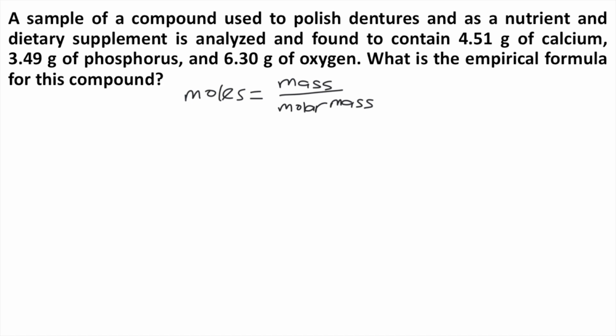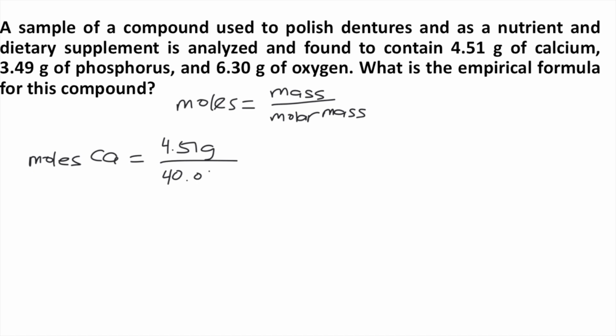So let's start with the moles of calcium. So moles of calcium is Ca. So the mass in the problem given is 4.51 grams. Divided by the molar mass of calcium, if you check your periodic table, that's 40.08 grams per mole.